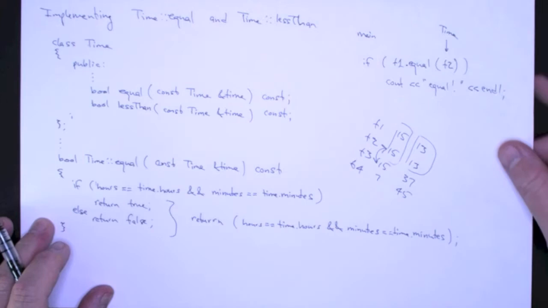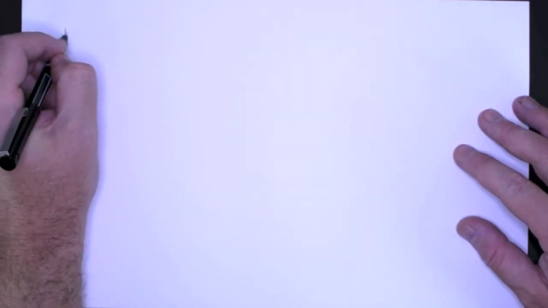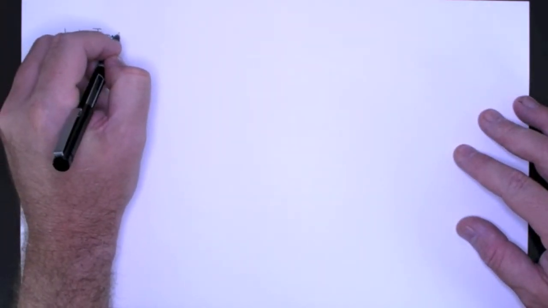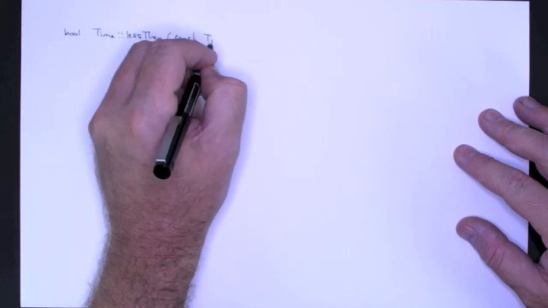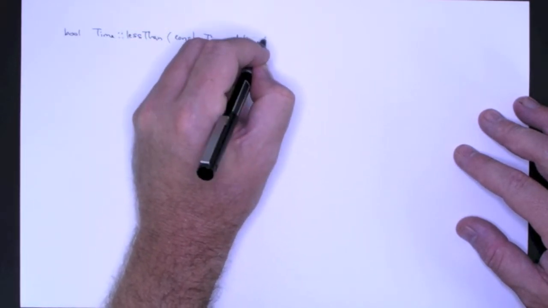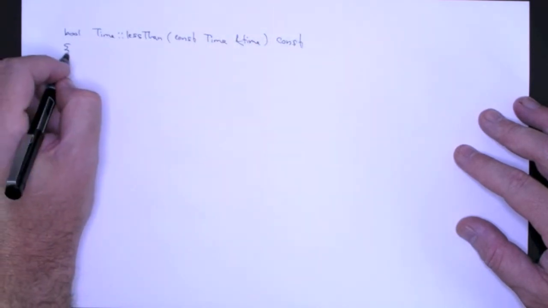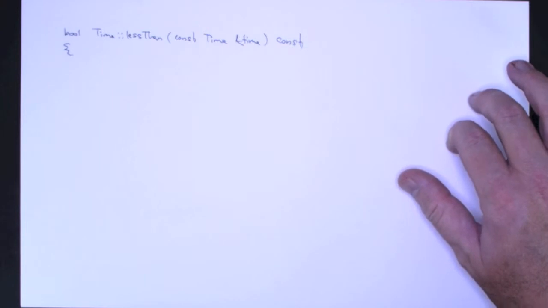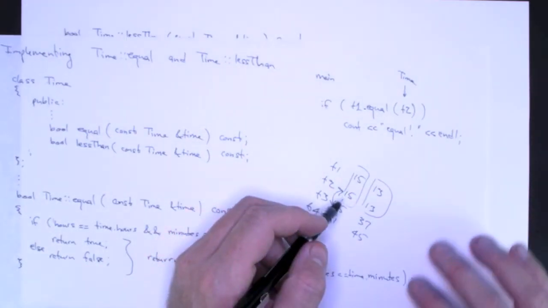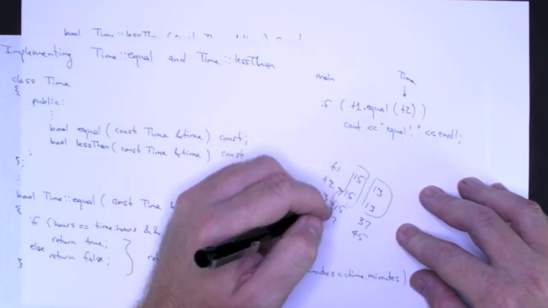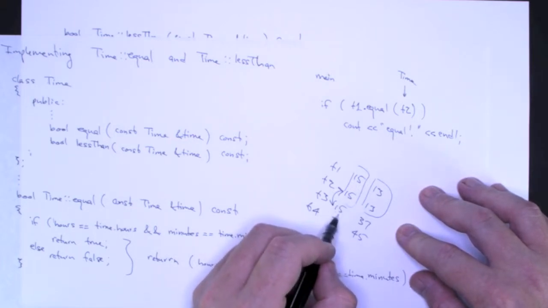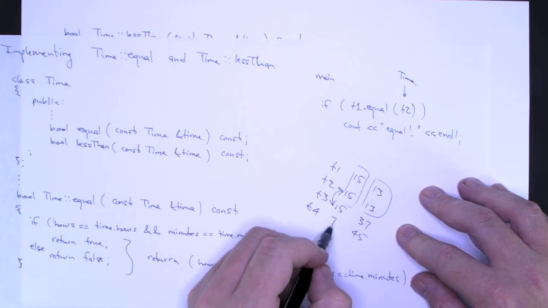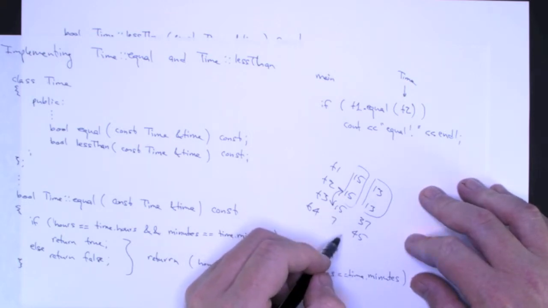So now let's look at the implementation of less than. What we have to do is, if we go back and look at our examples, certainly if this object's hours are less than the hours of the parameter, then we can conclude that this is less than the other.